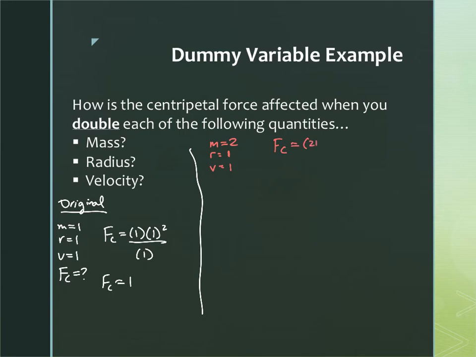Okay, so 2 kilograms times 1 meters per second, and we square that over 1 meter. 2 times 1 squared over 1, that's still 2. So here, if you double the mass, you double the force.